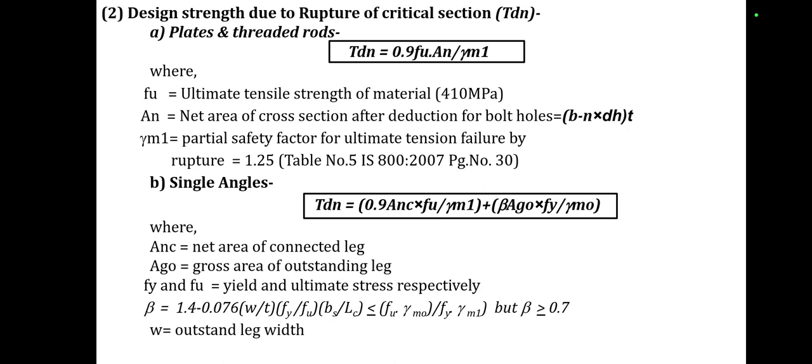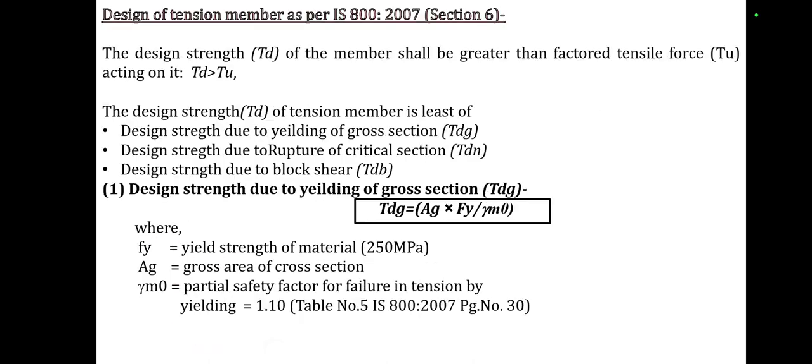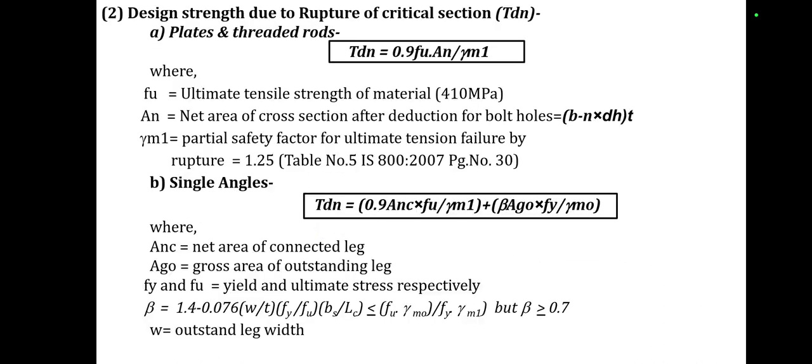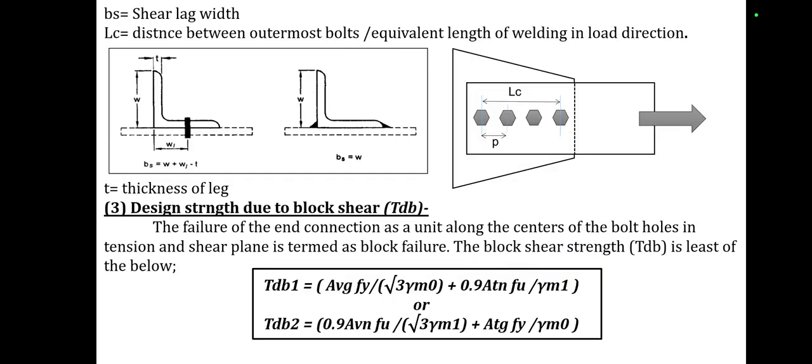In the calculation, first of all we have to calculate beta, where w is the outstanding leg width of the section. We will study how to calculate beta in the next slide. bs is the shear lag width.